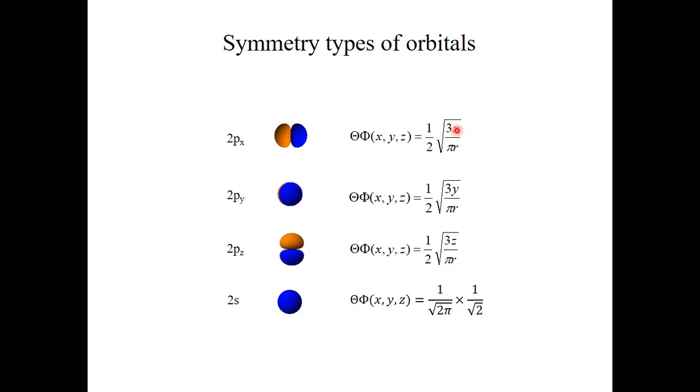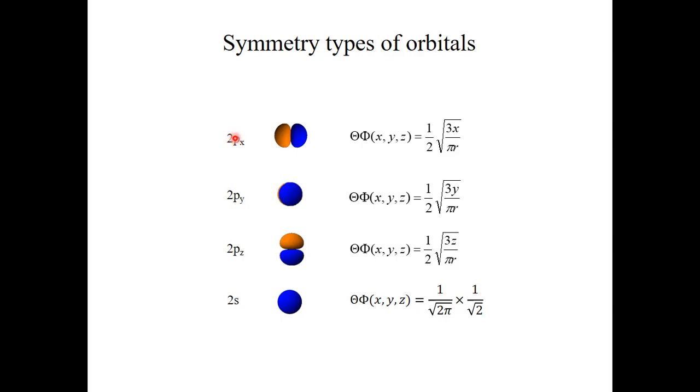So now as an x coordinate has a symmetry type of B1, any mathematical function which is a linear function of x has also that symmetry type. For that reason, the 2px orbital must have that symmetry type. So we determined it previously by inspection to see how the wave function changes.